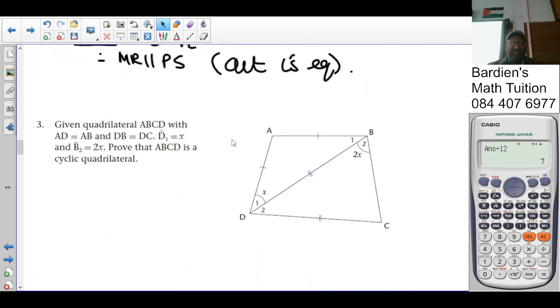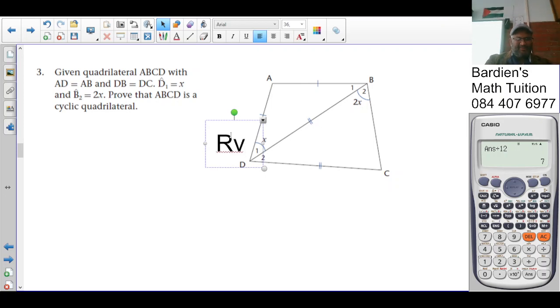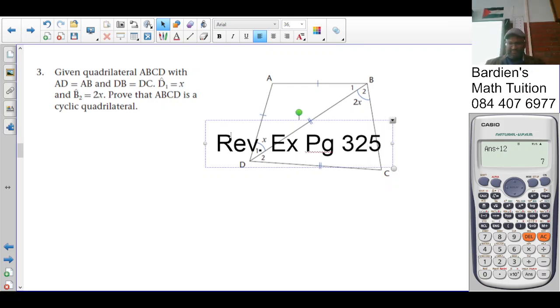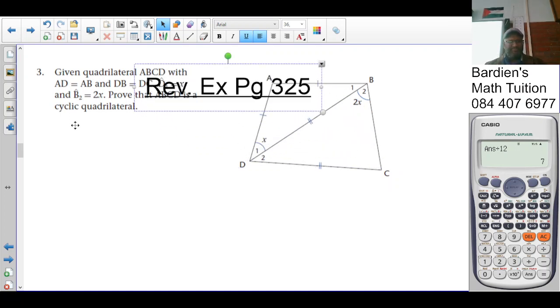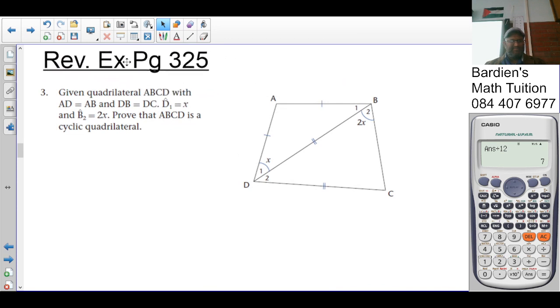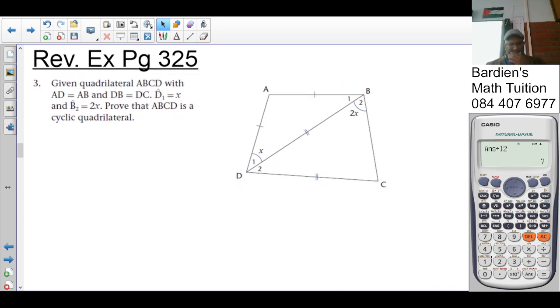Alright, so this is the revision exercise, on page 325. Right. So we are given quadrilateral ABCD with AB equal to AD.